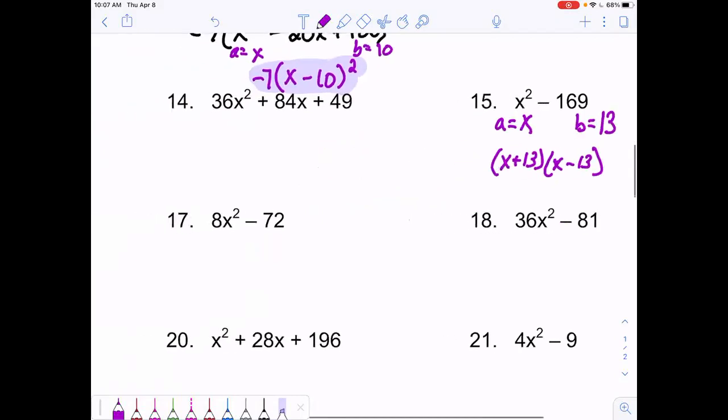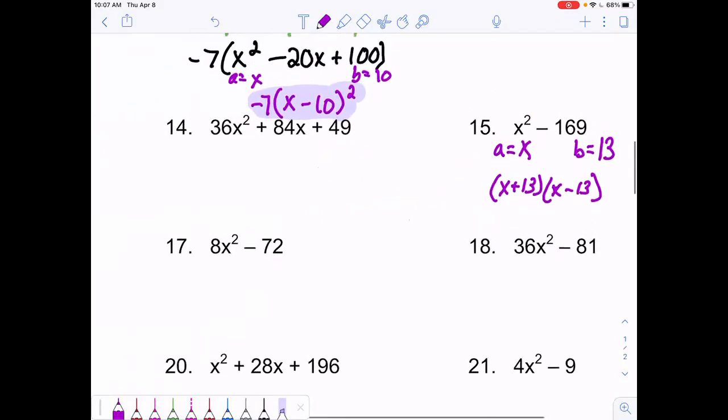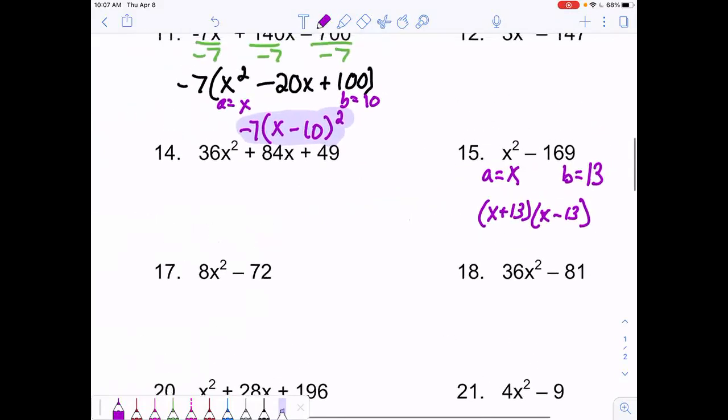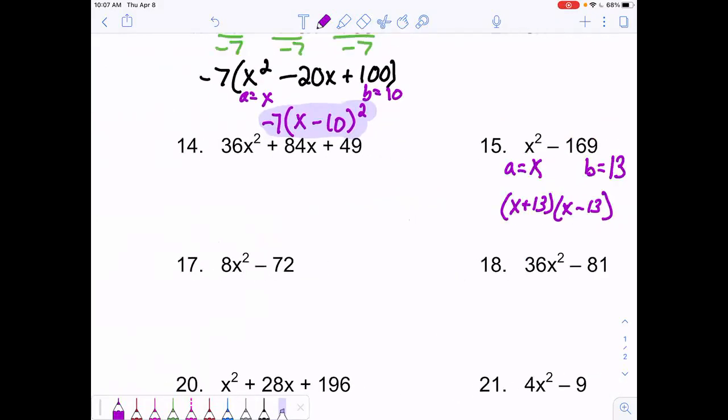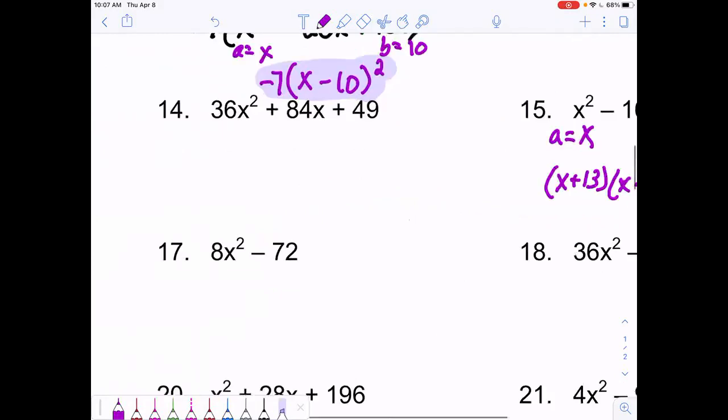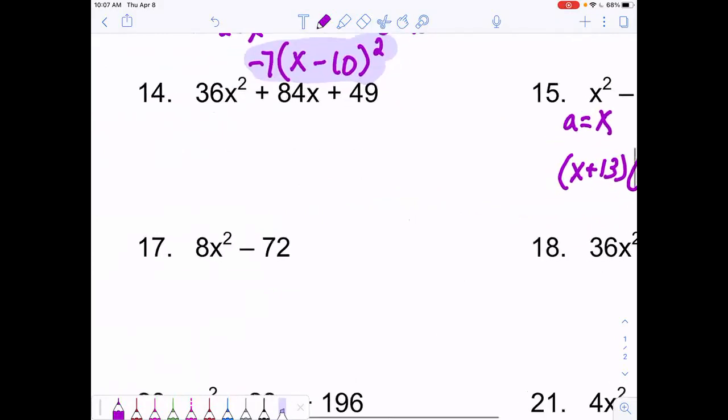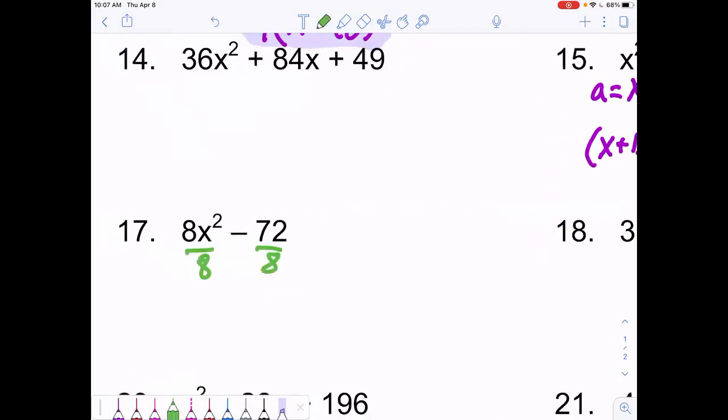Let's do next. We're snaking back to 17. Emma, what's the GCF in this case? Good. 8. So you take 8 out, you're left with x squared minus 9. What's your A? What's your B?